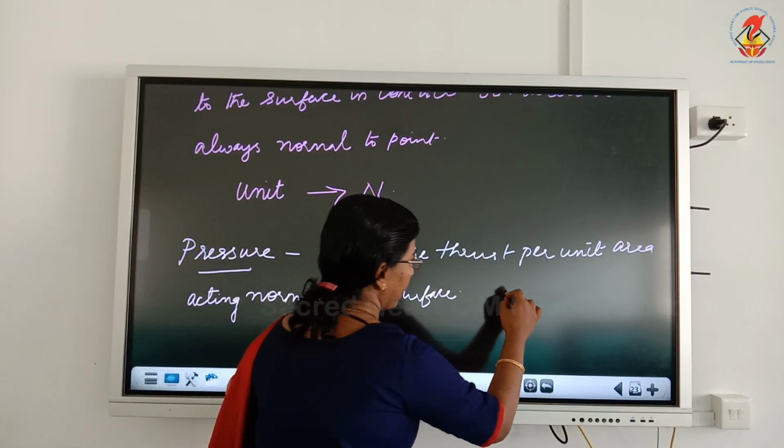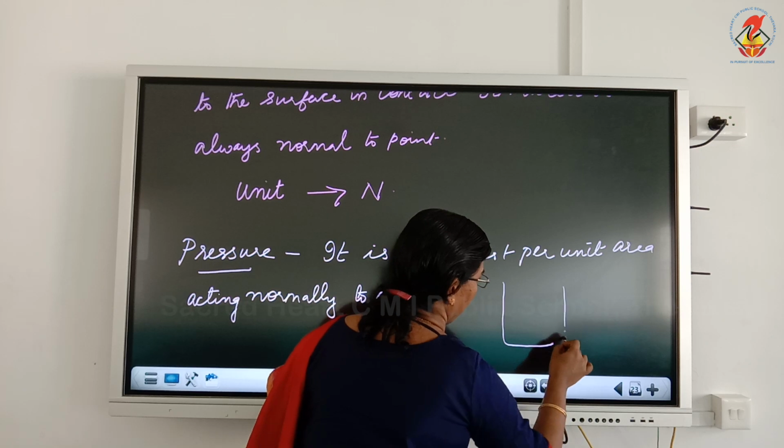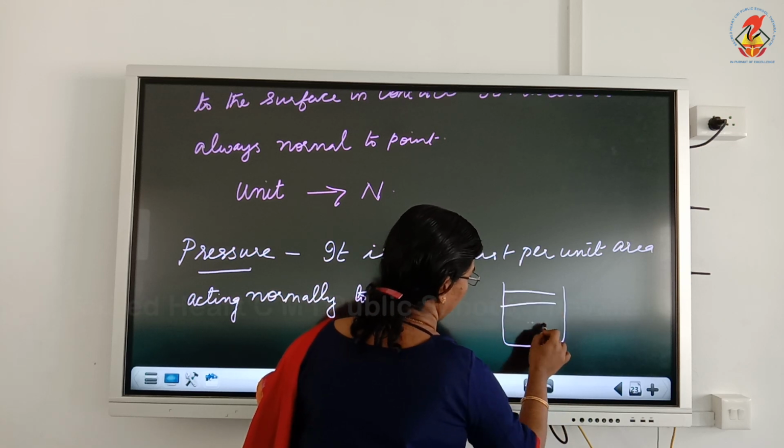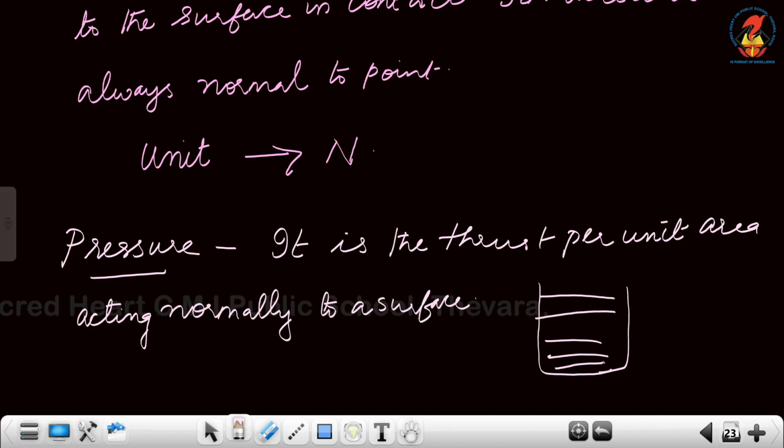Now, if we take a beaker which is filled with a fluid, and if you take a particular depth level, then it is found that pressure at this level will be same in all the directions, which means the magnitude of pressure at this particular depth will be same throughout the fluid.